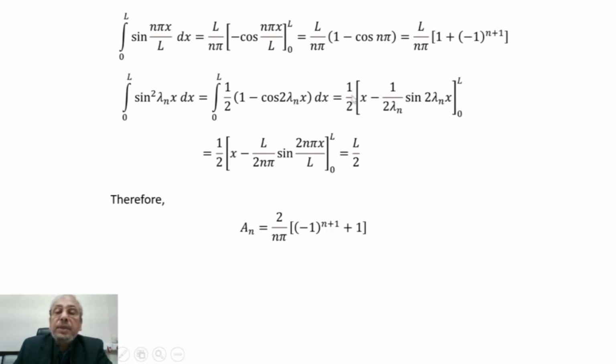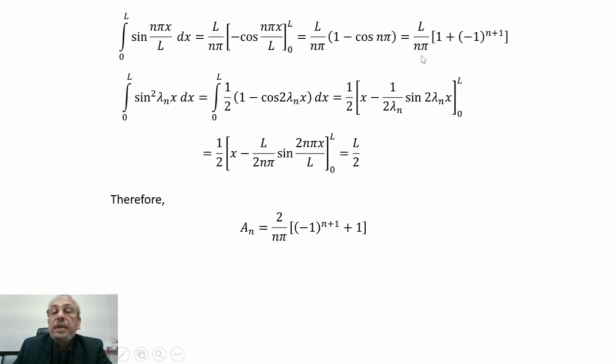If we perform the integral, half x minus 1 by twice lambda n sine twice lambda n x, and we have to substitute the upper limit and lower limit. Having substituted, on x minus L by twice n pi sine twice pi x divided by L, we get L by 2.